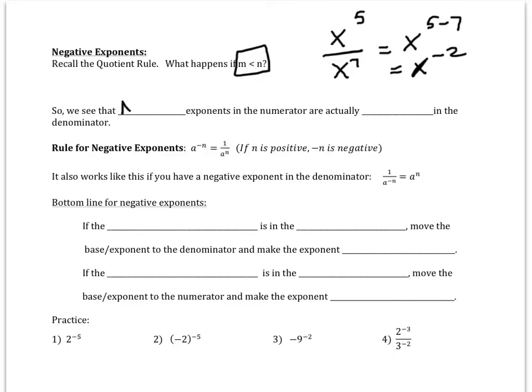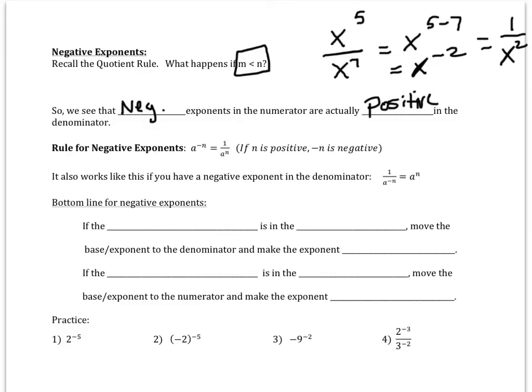So what we see is that negative exponents in the numerator are actually positive exponents in the denominator. And what I mean by this is that when I'm looking at this and I cancel everything out, I end up with 1 over x squared. Okay?